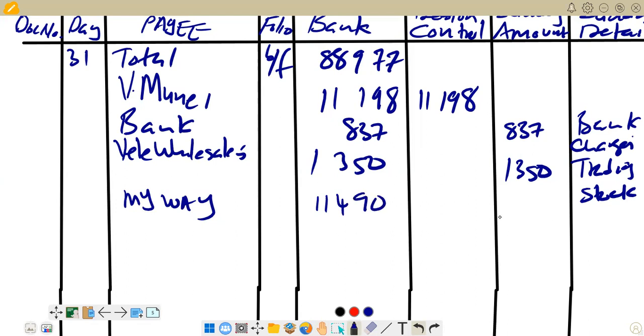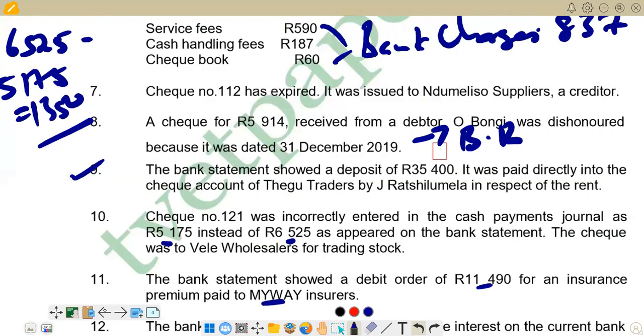And we're going to put it under sundry, 11,490, and it's insurance. So this is what we have on this one. Then we can go to the next one. Let's see what we have next.